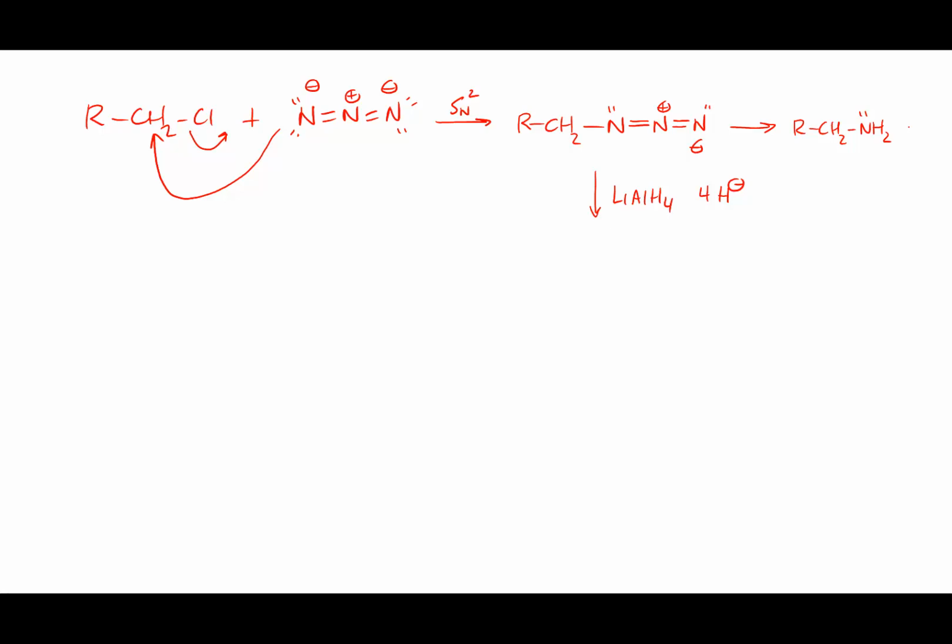There is a resonance structure you can draw for this azide. I could take this pair of electrons, move it here, and then take that pair of electrons and move it to the nitrogen. So my nitrogen would have two lone pairs.